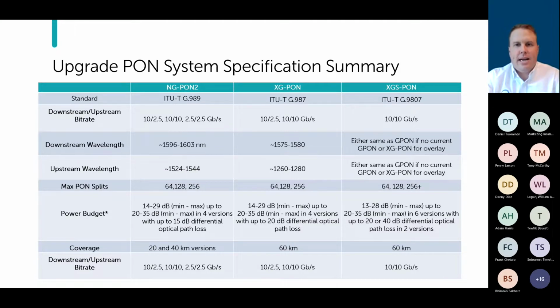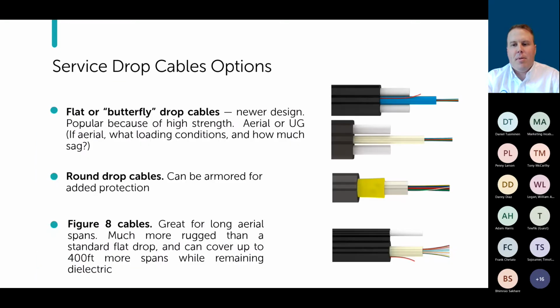This is constantly changing, so definitely keep up with it. There's going to be a lot of cost involved in going with the newer technology, but as you get into this, you've got to plan on future-proofing your network, plan for 10 years down the road.